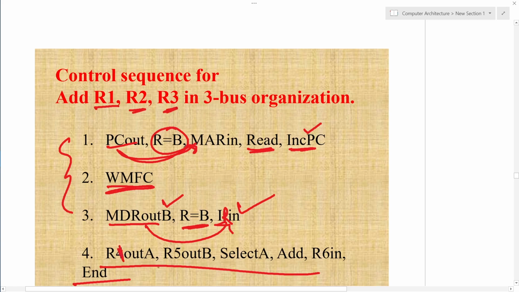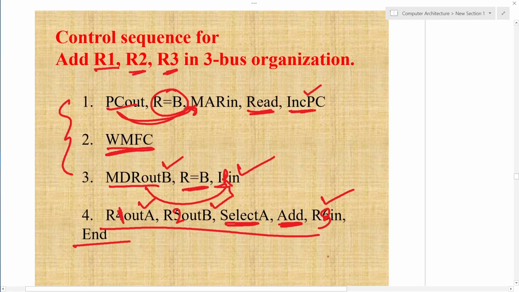I have to write R1 out and R2 out with the help of bus A and bus B, and I have to select A. The operation is addition, and I have to write R3 in. That means the contents of R1 and R2 by the help of bus A and B will be added and written to R3.